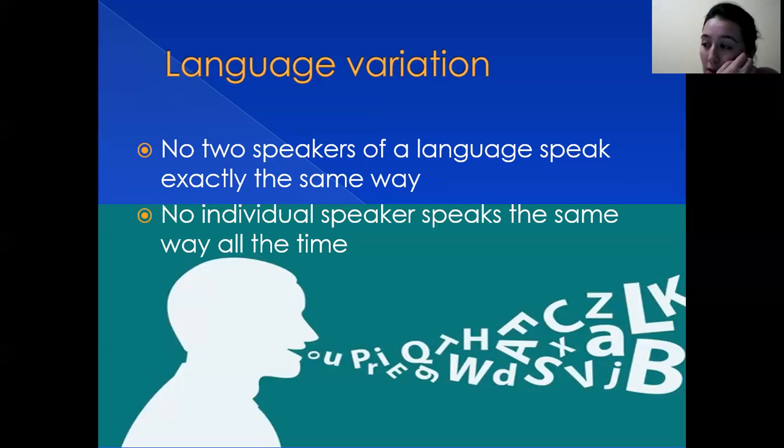So this means that language changes from one people to another people. Also, it can be changed in one person while he or she is using it in different situations.